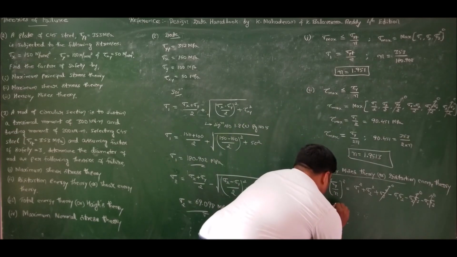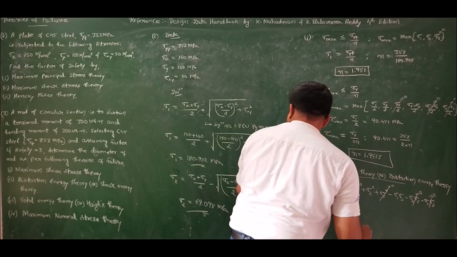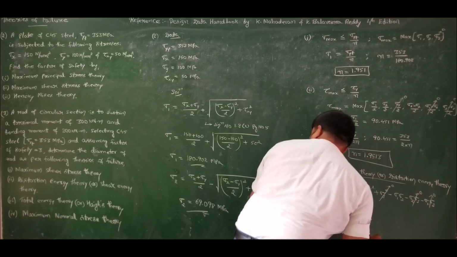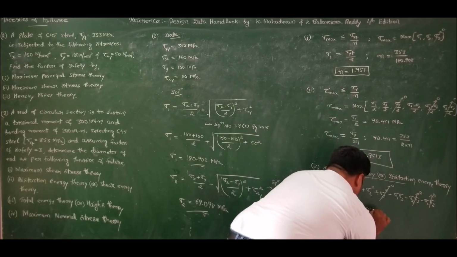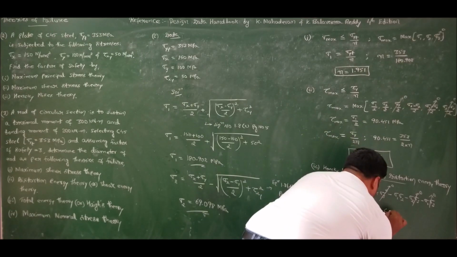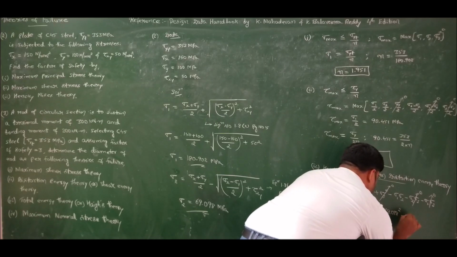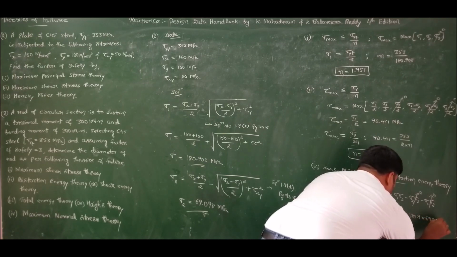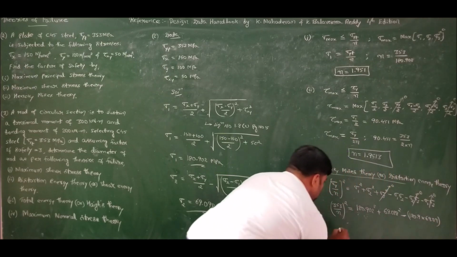Sigma yield is known, that is 353 by n the whole square should be equal to sigma 1 square, that is 180.902 square plus sigma 2, that is 69.098 square minus 180.9 into 69.09.